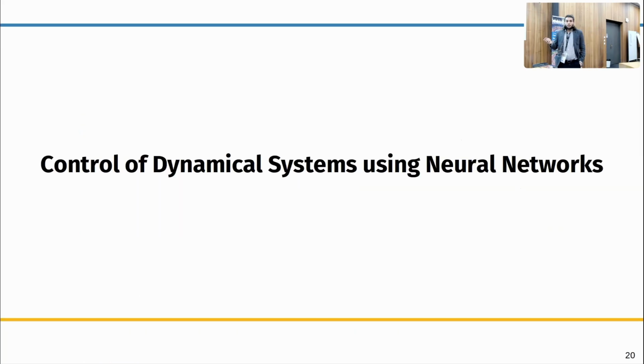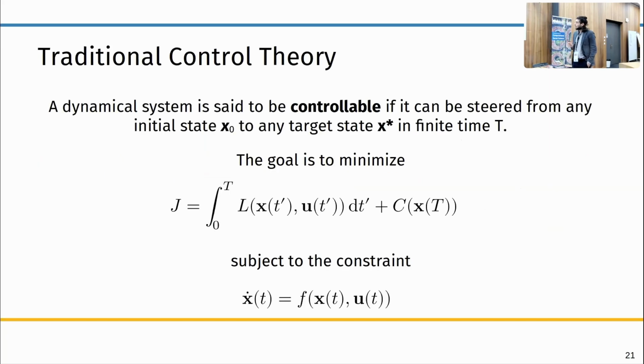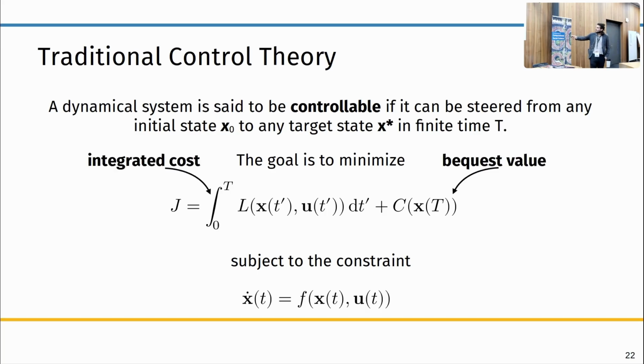So now, how can we make a connection to control? Because right now, I just told you something about learning a dynamical system, but not controlling a dynamical system. So the control part is quite interesting too. A standard, or very basic, definition of controllability would be: given a dynamical system that you want to steer from an initial state x0 to a target state in finite time t, you want to minimize such a functional.